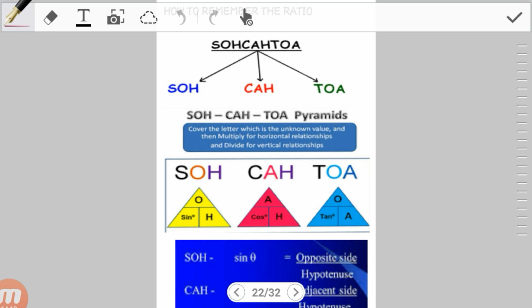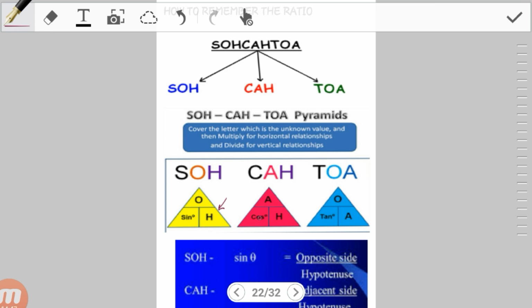Let's say, for example, I wanted to find the hypotenuse using the sine ratio. Then I would use my finger to cover the H, and clearly it would tell me that in order to get the hypotenuse, I would have to divide the opposite side by the sine of the angle.